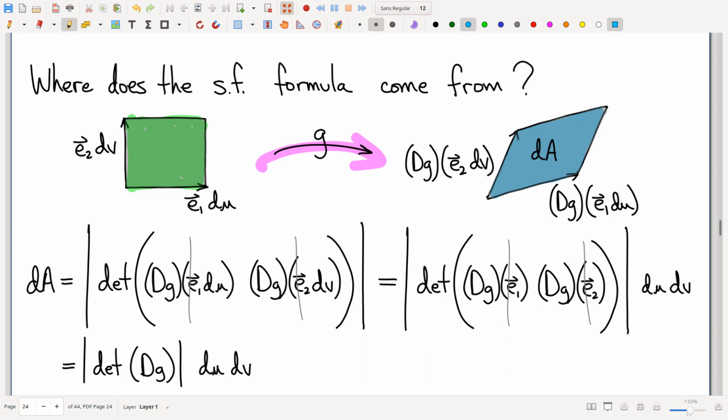In order to compute that area, I am going to need to know that edge vector and this edge vector. How am I going to interpret those edge vectors? I am going to assert that those will relate to this edge vector and this edge vector as follows. Let's think of these edges over here on the left as representing movement, changes.